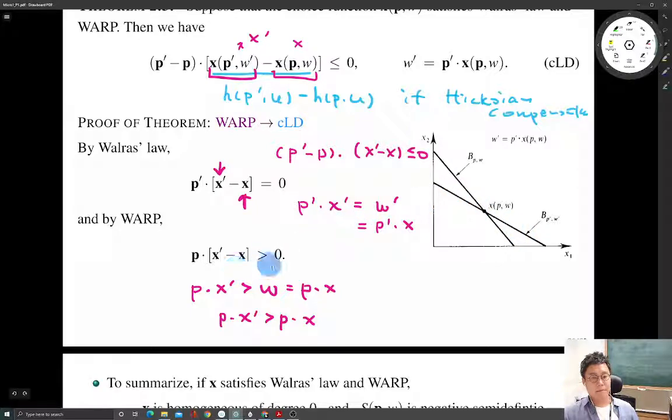But the WARP implies that x prime cannot be right here, because if this is the case, two bundles are affordable under two different budget sets. But in one budget set, this consumer chooses this bundle, and under the other budget set, he chooses the other bundle. So that is inconsistent. Which means, if the choice function satisfies the WARP, x prime must be somewhere on this line segment.